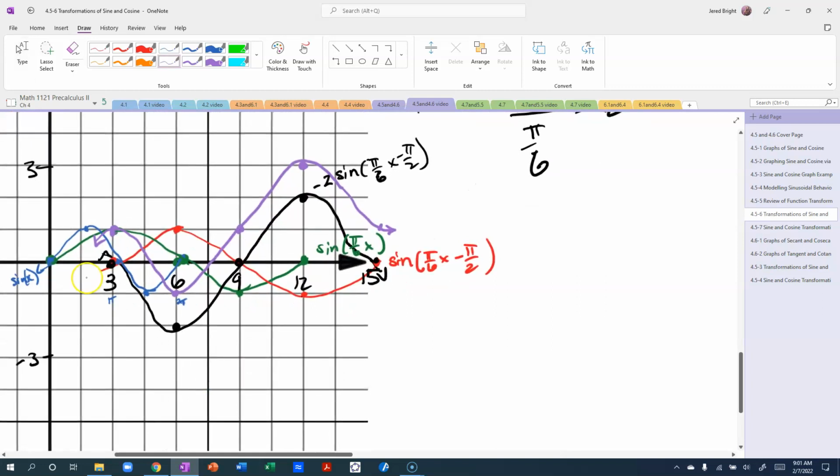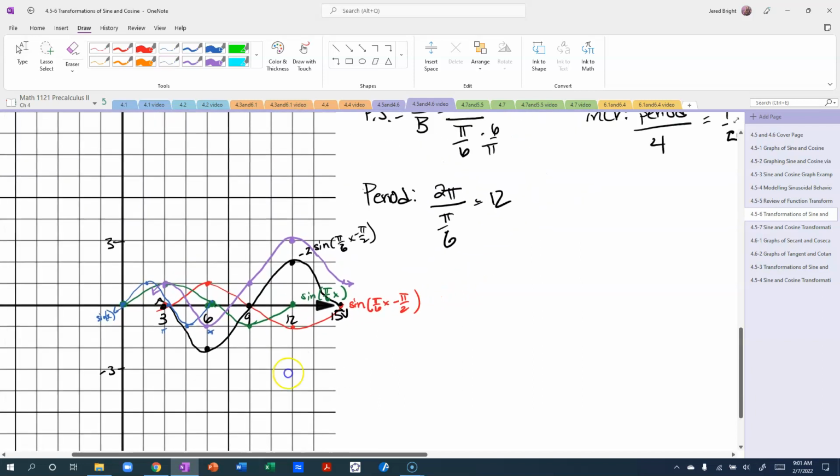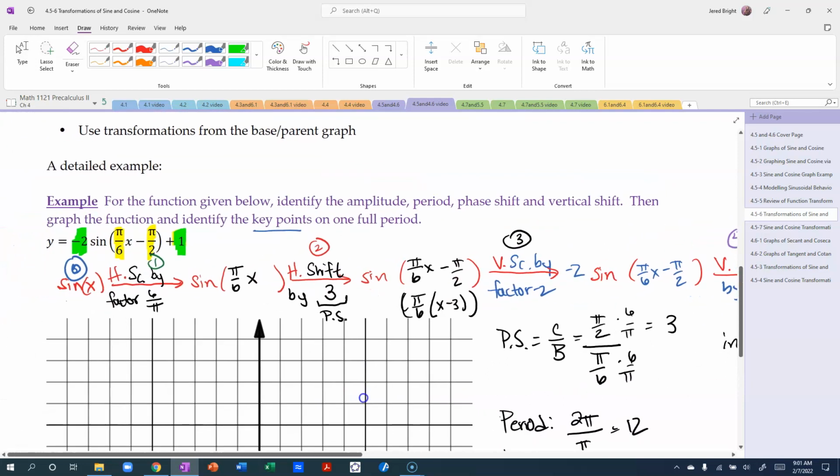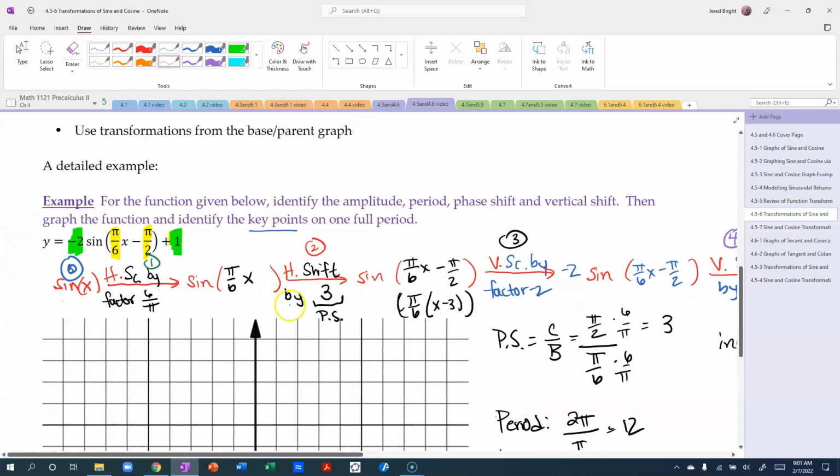Like the first graph that we started off with, the blue one, was just sine x, and that was a little cumbersome to work with, so we do the scale to get it right lengthwise first, and then shift it from there. And again, the shifting part isn't by C, it is by the phase shift. So that's the other thing you need to bear in mind. But we'll get some more practice with these.